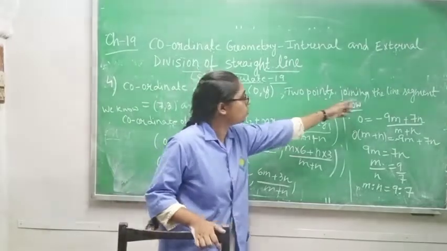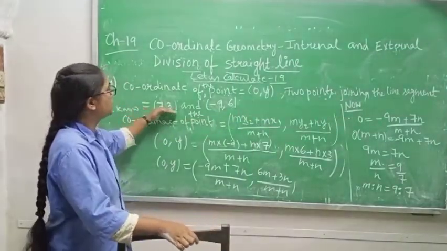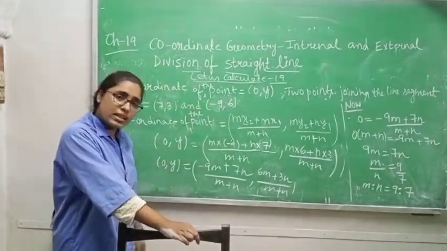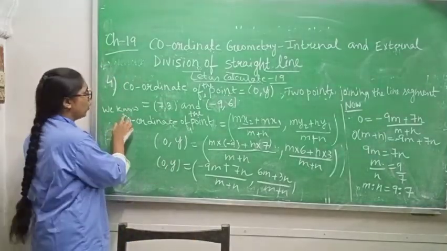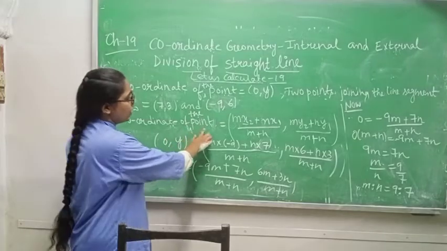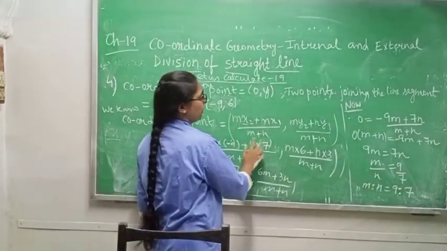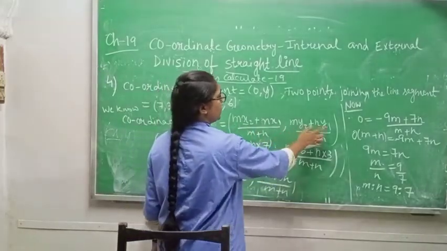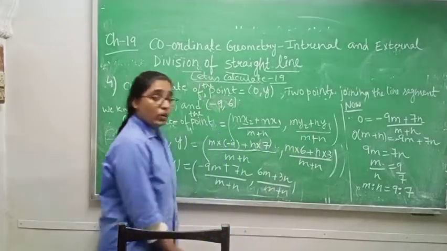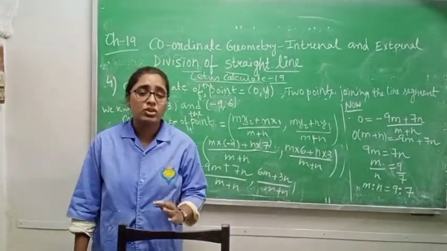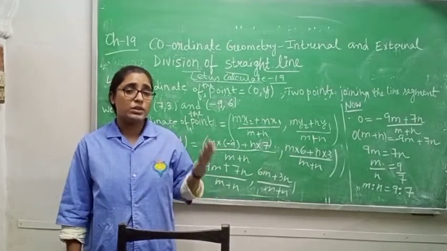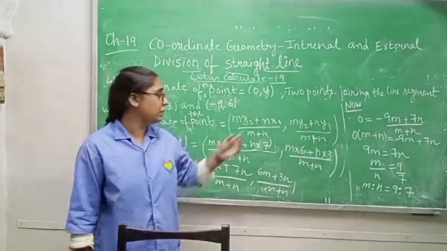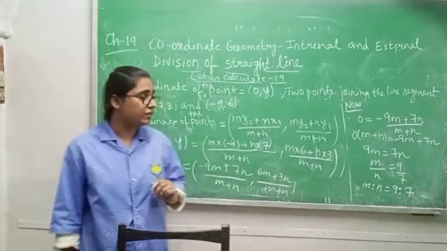Now the 2 points joining the line segment are 7, 3 and minus 9, 6. It is given to you. Now same formula you will use. We know coordinate of the point is (mx2 plus nx1) by (m plus n), (my2 plus ny1) by (m plus n). Now in this question also it is not mentioned whether it is divided internally or externally. I told you when it is not mentioned you will use internally formula, which is the plus formula. Understood?